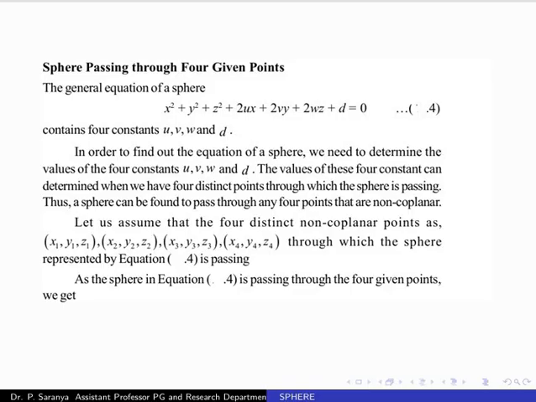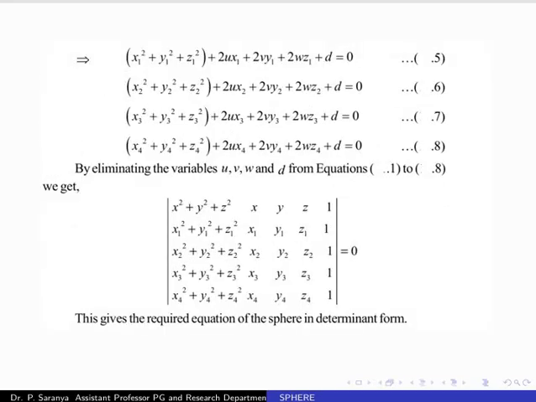As the sphere in equation 4 is passing through the four given points, we get x1 square plus y1 square plus z1 square plus 2ux1 plus 2vy1 plus 2wz1 plus d equal to 0, which is equation number 5. x2 square plus y2 square plus z2 square plus 2ux2 plus 2vy2 plus 2wz2 plus d equal to 0, which is equation number 6.